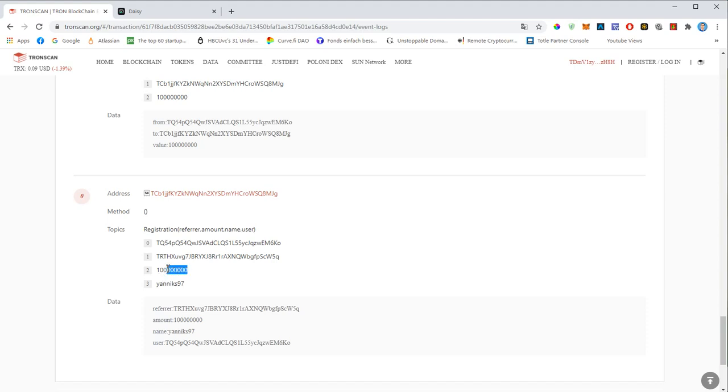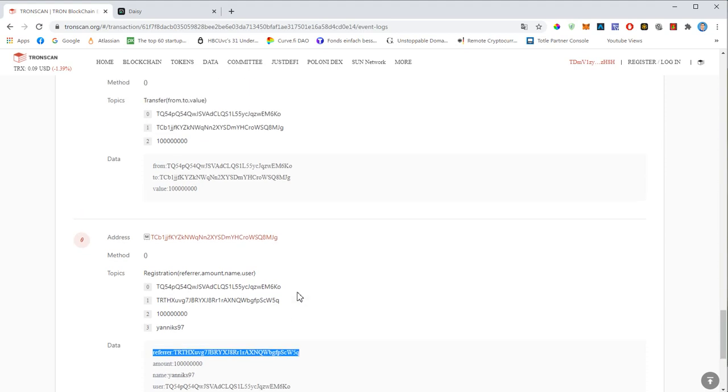So this is $100, as you can see. This is the referrer address, the amount, the username, and this is the user's Tron address, and this is the sponsor's Tron address.